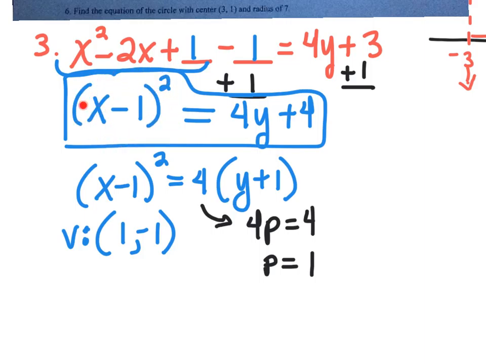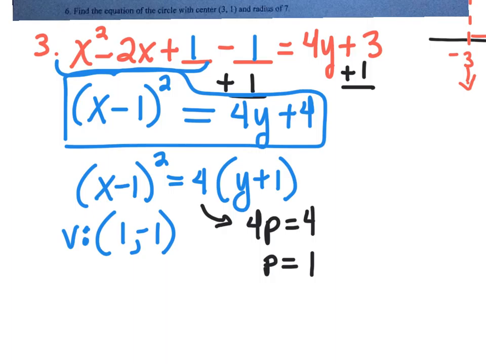Horizontally, but it's x squared. Any x squared original, like y equals x squared plus something, isn't that the original parabola that you've been working with? Either opening up or opening down. So this opens either up or down. If p is 1, then that tells me it's going to be opening up because it's positive.